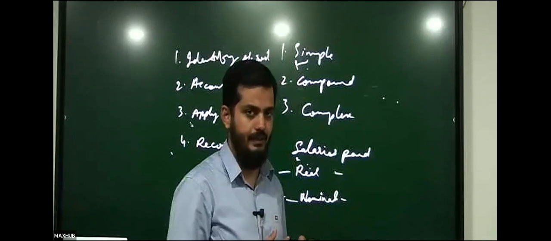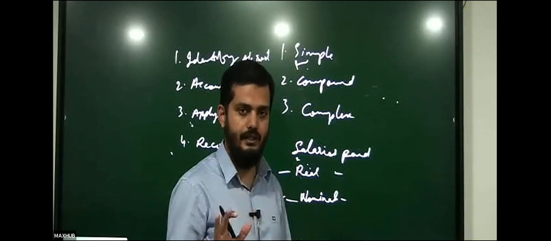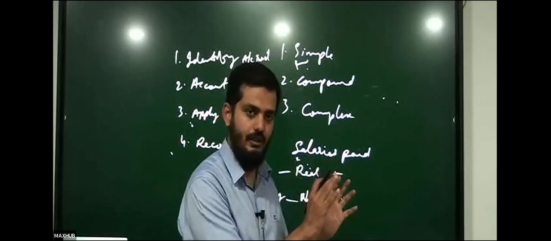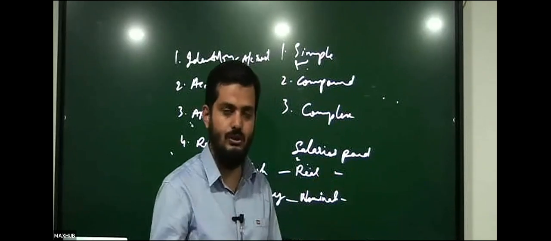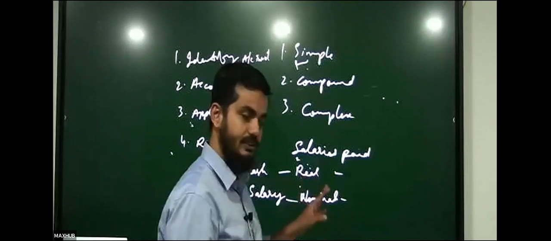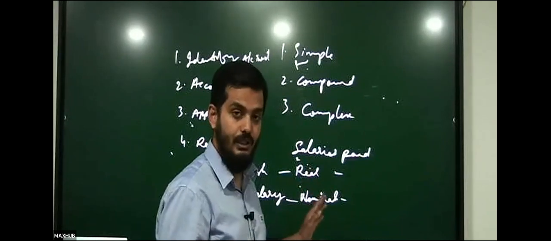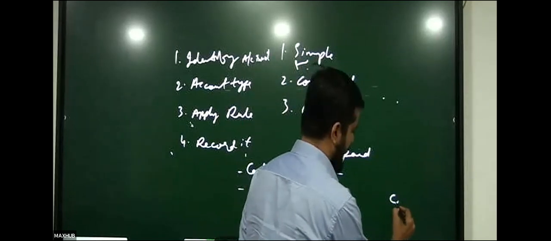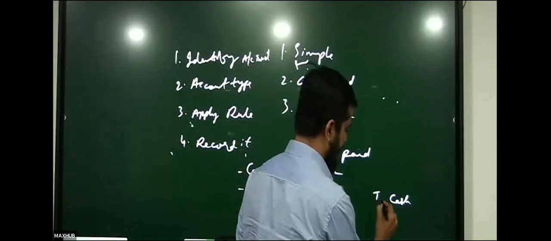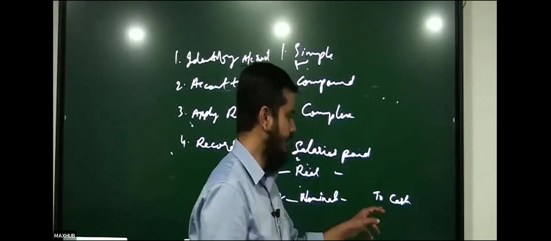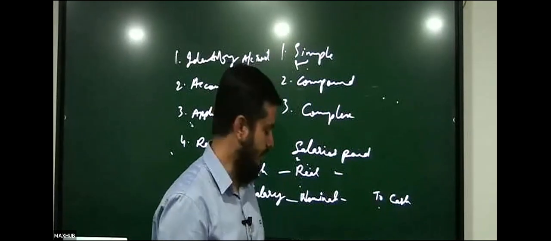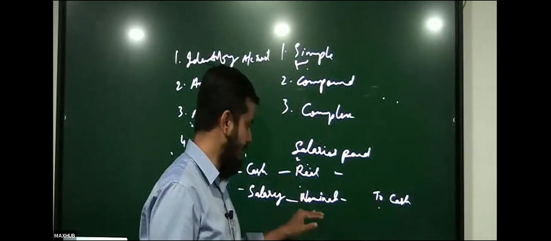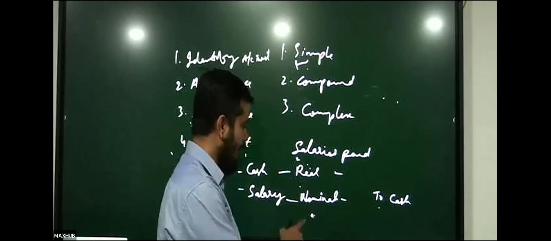What comes in, debit it; what goes out, credit that. If you are getting something, write on the debit side. If something is going out, write on the credit side. In this case, cash is going out, so you write cash on the credit side. Whenever we write on the credit side, we write 'to cash', if you remember. Don't tell me the journal entry now; we'll create it. We know the logic of this also.